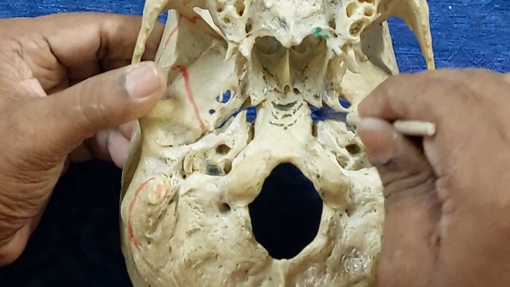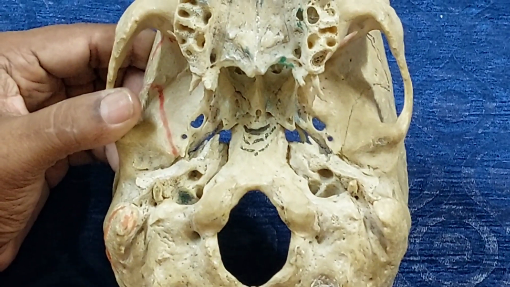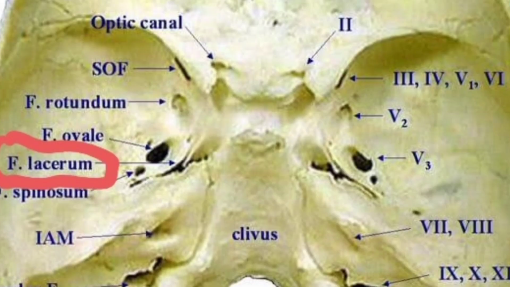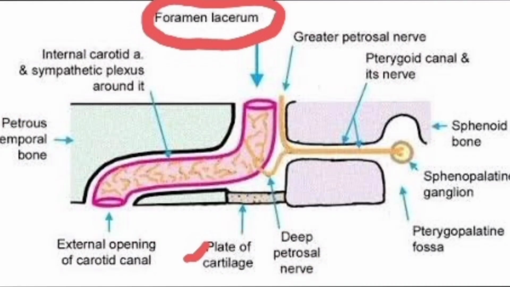In this foramen, some structures pass through and some structures pass over. The lower part of this foramen is closed by fibrocartilage, and it is pierced by the nerve of the pterygoid canal, which is formed by the greater petrosal nerve and deep petrosal nerve.